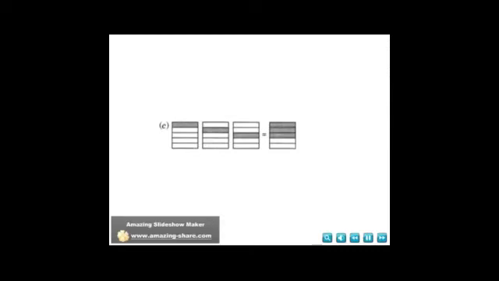So the fraction format of the shaded region on the left hand side is 1 by 5. Since there are 3 squares, we can represent it as 3 into 1 by 5. In the right hand side, the fraction format is 3 by 5. Since we are given only 1 square, the fraction format is 3 by 5 itself.